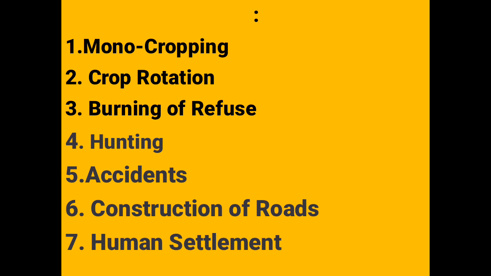So this forest has to be cleared, trees cut down, and eventually burnt in order for the settlement to take place, and also for the construction of so many things that will be needed by the people in that community, like the construction of schools, industries and public places, like the markets, like the health centers and so on.